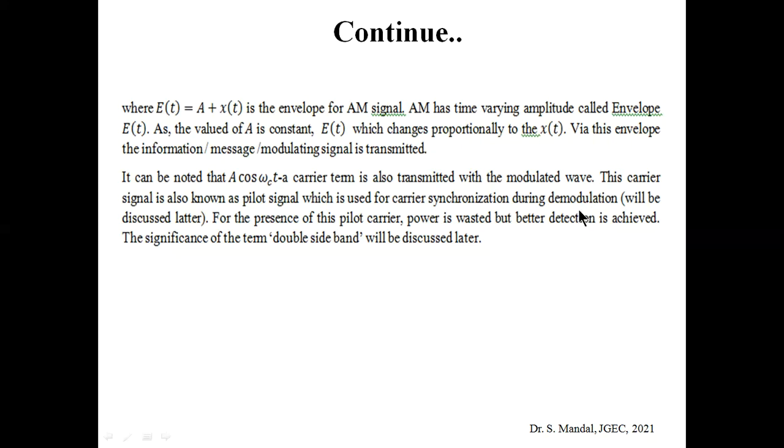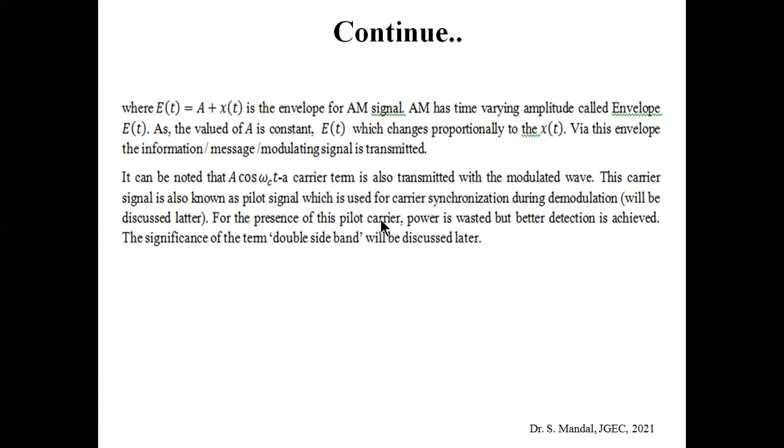When we use synchronous demodulation at the receiver end, carrier synchronization is very useful, so we can send the pilot signal. There is also another process where the pilot signal is not required, but the most conventional approach is to send the pilot signal or carrier signal along with the actual modulated wave, xt cos omega_c t.